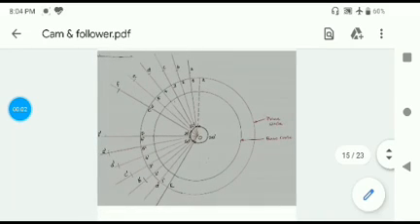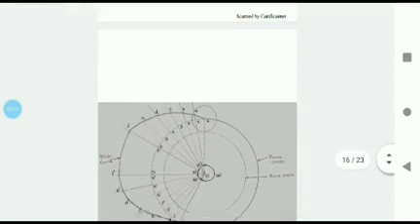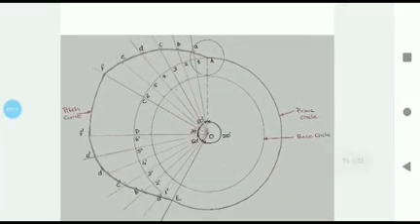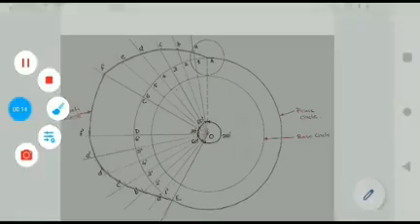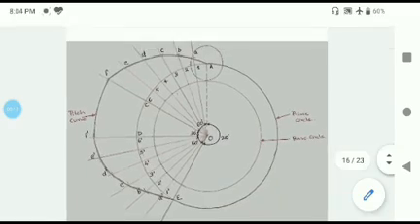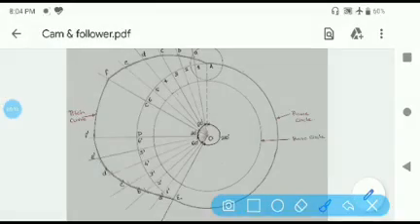After taking measurements from the displacement diagram and marking them in the cam profile, now you need to join these points by free hand, like you had done before. You join these points starting from capital A and connecting with its small letter a. Likewise, you join all points.